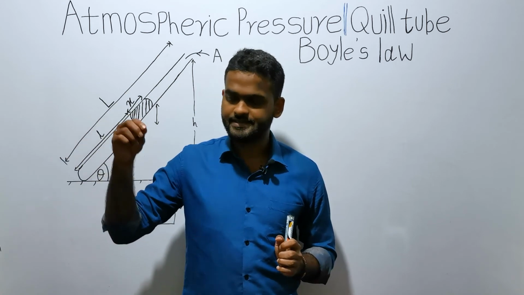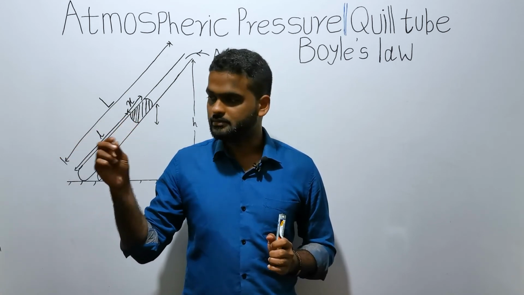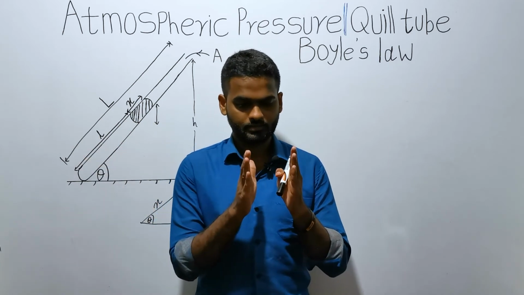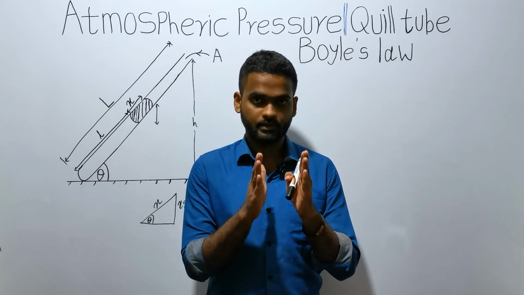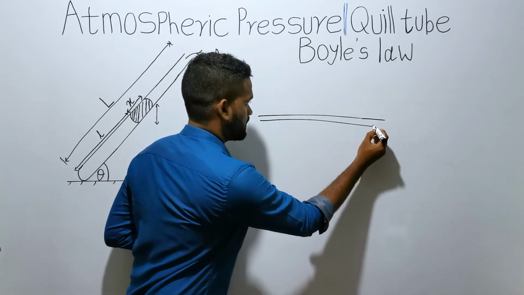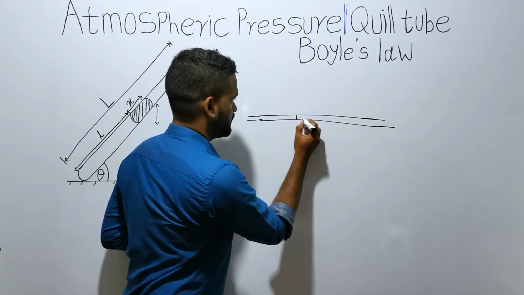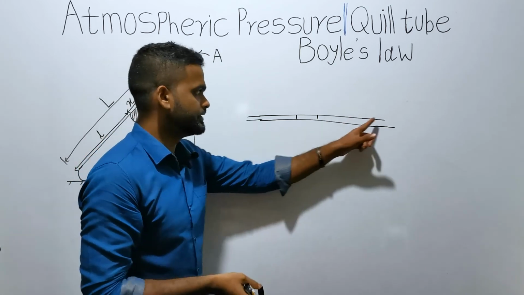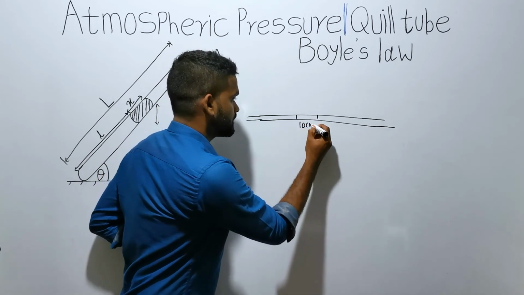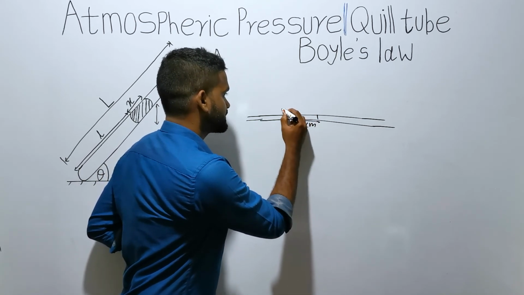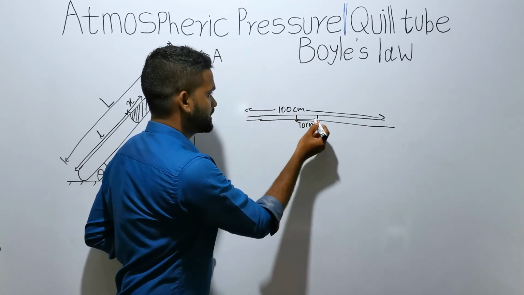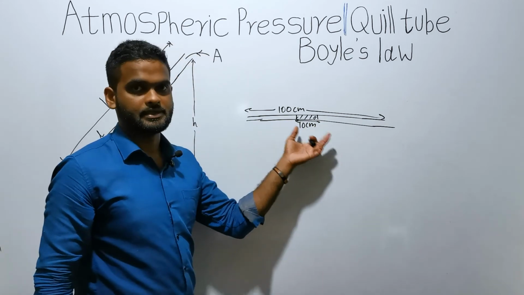Then you have to insert a mercury column into the glass tube and keep the mercury column somewhere around the middle of the glass tube, like this. So remember that this glass tube is about 1 meter in length, and the mercury column should be about 10 centimeters. This is 100 centimeters. The mercury column is about 10 centimeters.